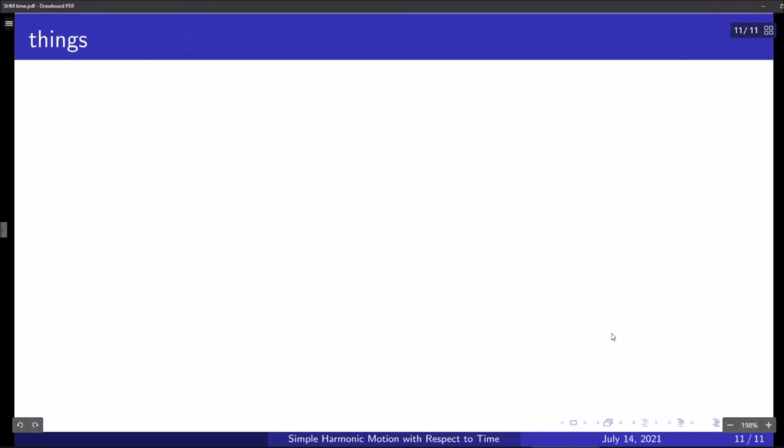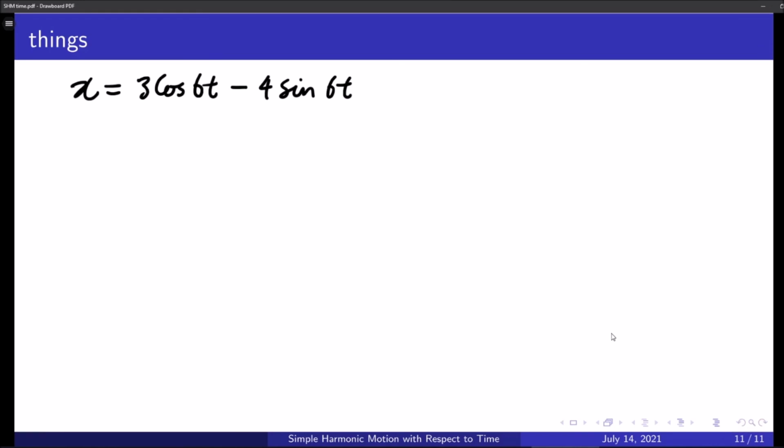So we have x equals 3 cosine 6t minus 4 sine 6t. And then what will half angle be?